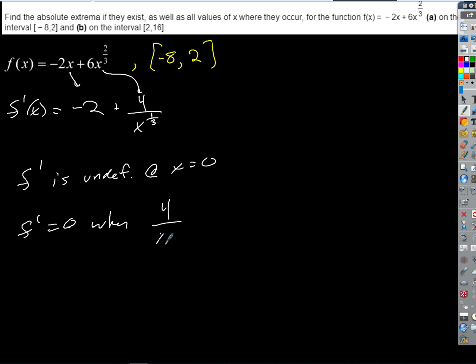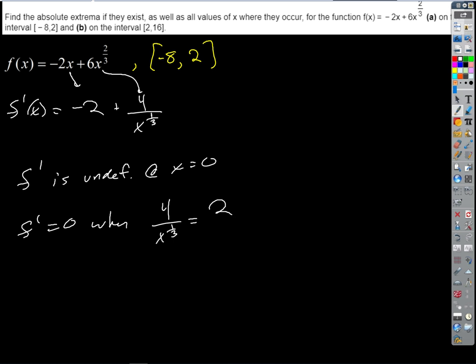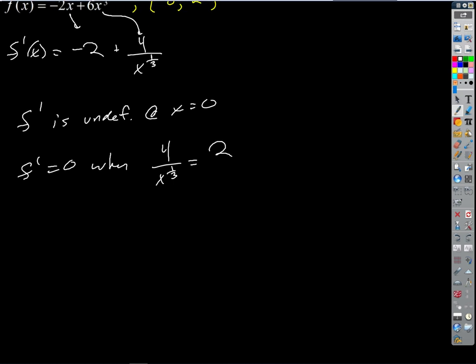So when 4 over x to the 1/3 equals 2, I could cross multiply and then divide by 2. Would you agree I'm going to get x to the 1/3 equals 2 when all the dust settles?